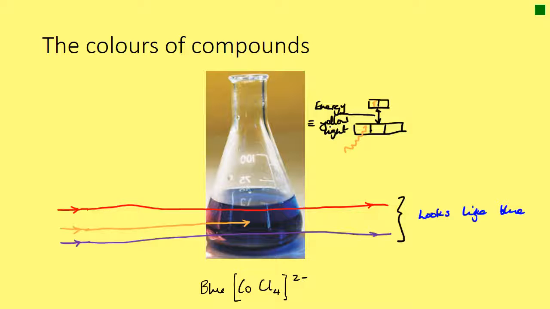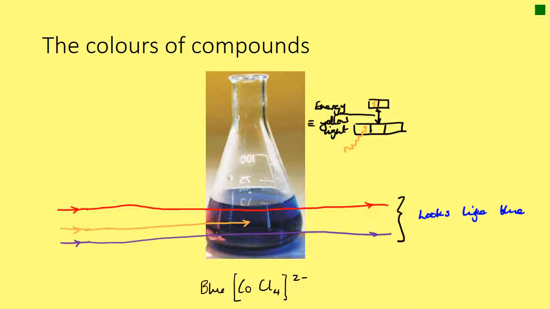And what happens is that the red light goes all the way through, and the purple light goes all the way through, like that. But the yellow light gets absorbed by the 3D orbitals. All right, so let's just remind ourselves what's going on.